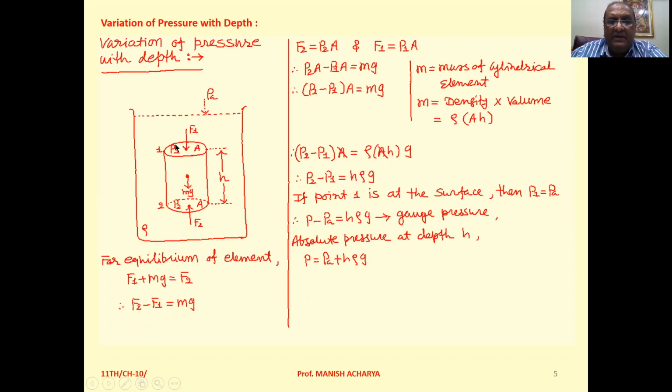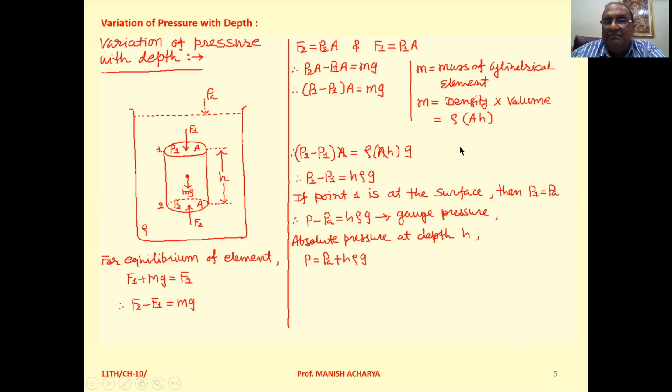Now the mass of this cylindrical element is m, but mass is density into volume. Suppose the density of the fluid is rho, then what is the volume of this element? The element is cylindrical, so for a cylinder the volume is the cross-sectional area into the height of the cylinder, so that is A into h.